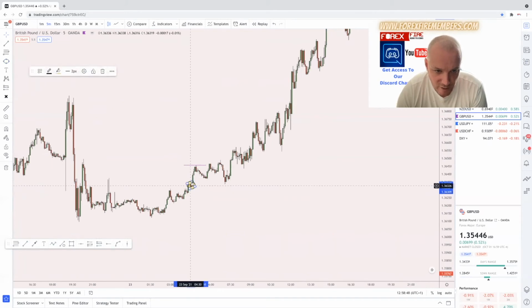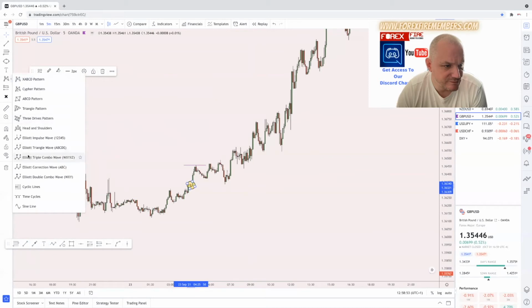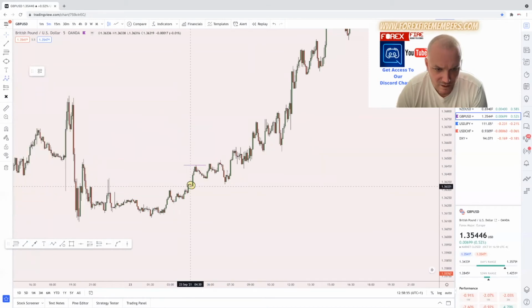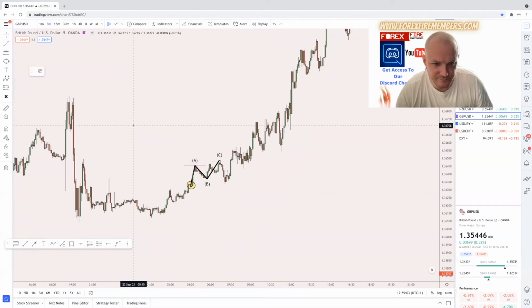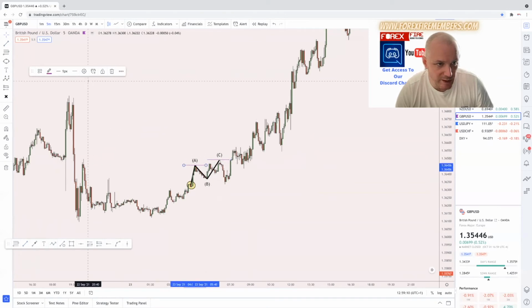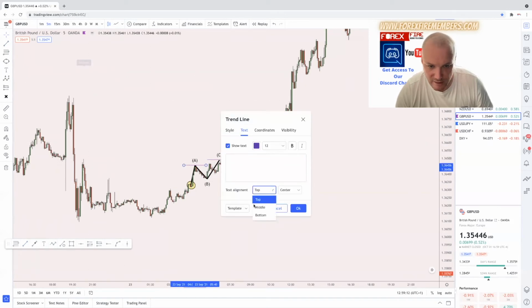Okay, we've come up, we've come up, we've come down, and then we broke structure on that point. Okay, so on here is where new liquidity lies. This one here becomes our break of structure.